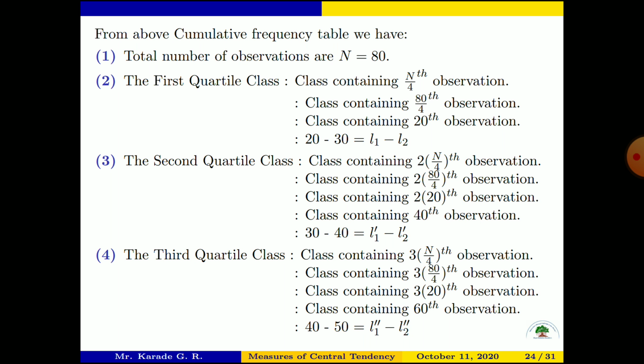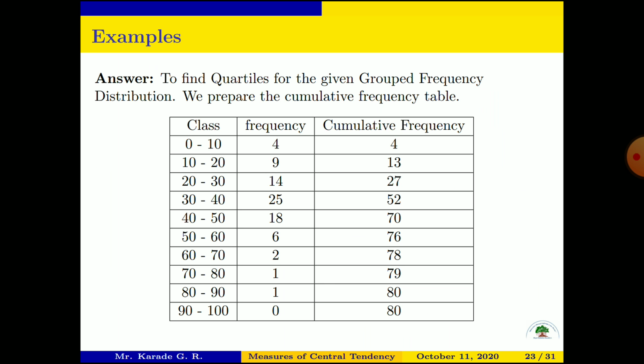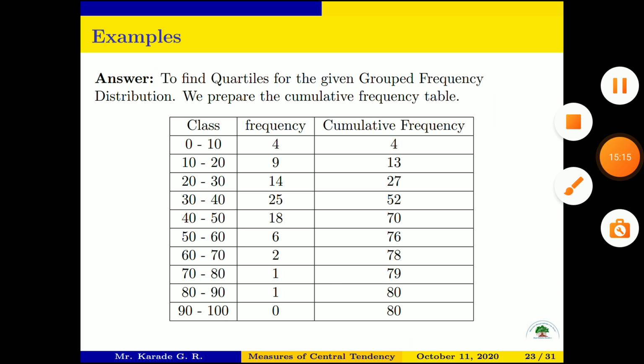For the above cumulative frequency table, we have total number of observations n equal to 80. तर टोटल नंबर ऑफ ऑब्झर्वेशन्स आपल्याला कुठे मिळतात बघा या टेबलमध्ये. हा जो क्युम्युलेटिव्ह फ्रिक्वेन्सीचा कॉलम आहे, या कॉलममध्ये जी शेवटची एंट्री आहे, that is nothing but the total number of observations, and the last entry is 80, and that is nothing but the total number of observations.